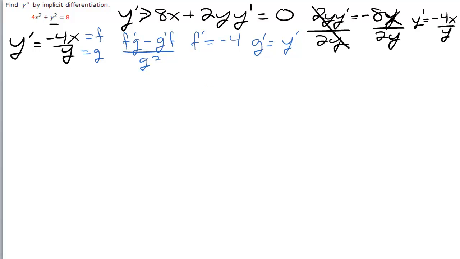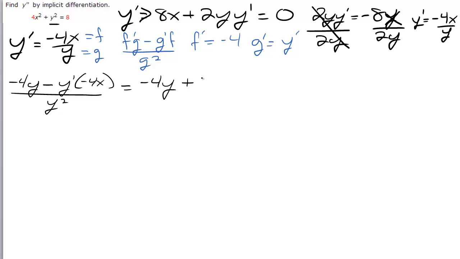Okay, now all we have to do is plug everything in and then do some algebra. So derivative of the top times the bottom minus derivative of the bottom times the top all over the bottom squared. Clean it up. We've got the top plus 4xy prime, because the minus cancel, make it a plus, all over y squared.